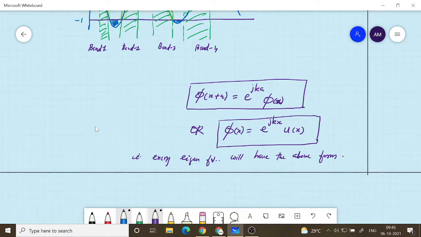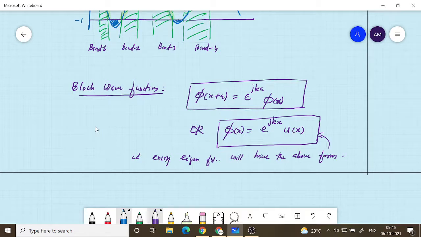If it has this particular form, this is basically called the Bloch wave function. So the Bloch wave function is basically exploiting the periodicity property of the crystal. If there is a potential which varies periodically, then it should have a wave function of this particular form. That's what Bloch's theorem says.